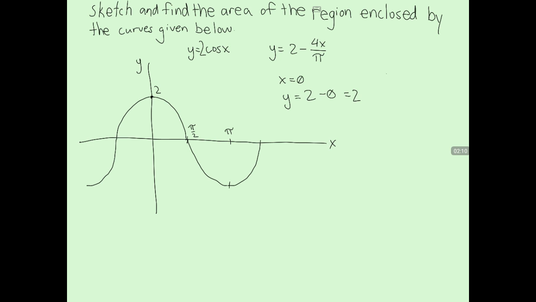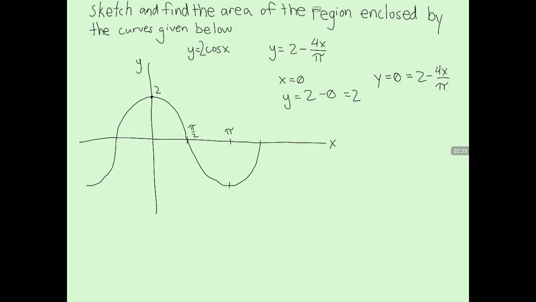So now we have the y-intercept. Now let's try to find the x-intercept. The x-intercept is when y equals 0. So we set this entire function equal to 0. So we set 2 minus 4x over pi equal to 0.